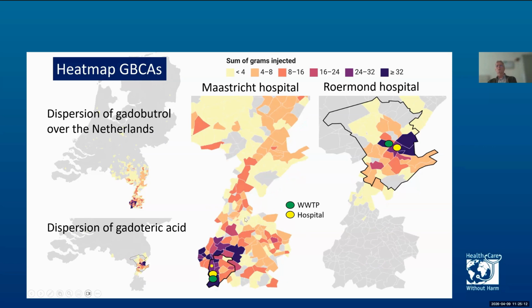And you see the dispersion here and there. This could already explain it: our patients also live in this region where that hospital is, and we found even more gadolinium-based contrast agents in this area than was even handed out. And we have another hospital here, another hospital there. These other hospitals may be hospitals from Germany, because patients can also go to Germany or Belgium.